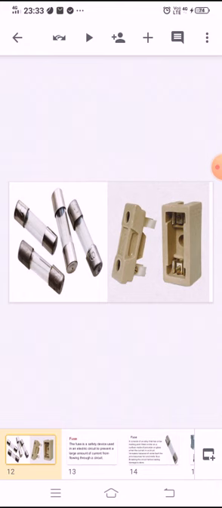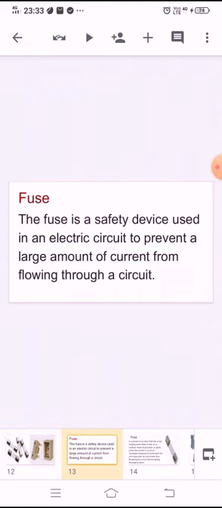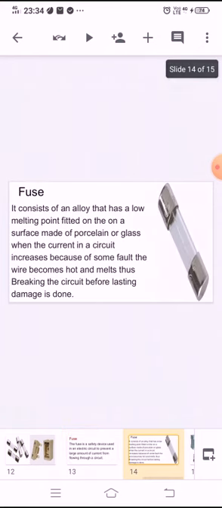What is a fuse? The fuse is a safety device used in an electric circuit to prevent a large amount of current from flowing through a circuit. It consists of an alloy that has a low melting point fitted on a surface made of porcelain or glass.